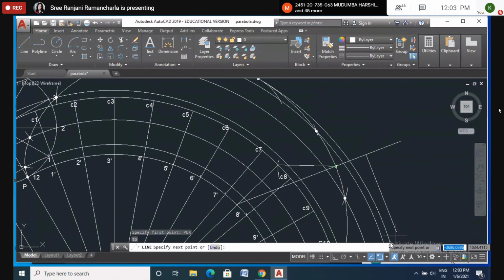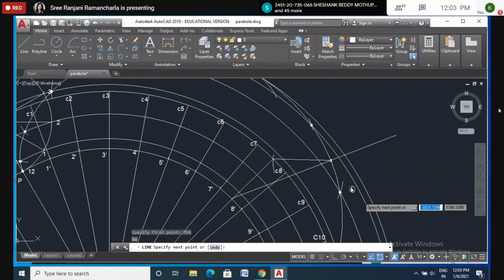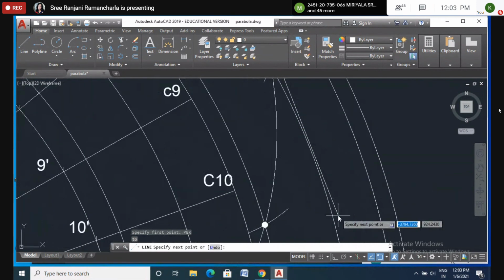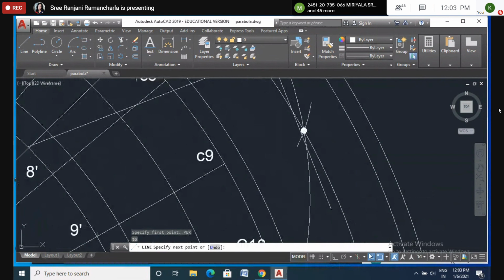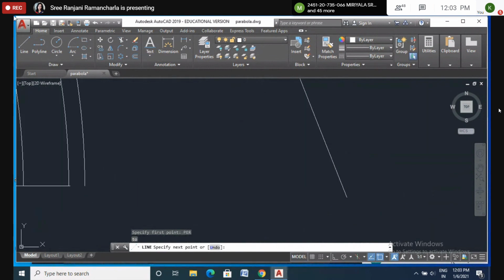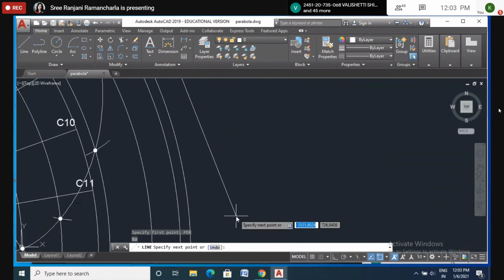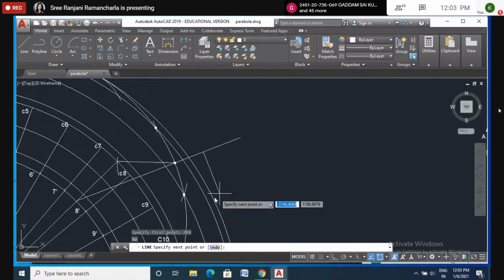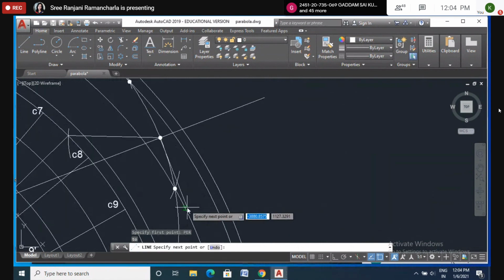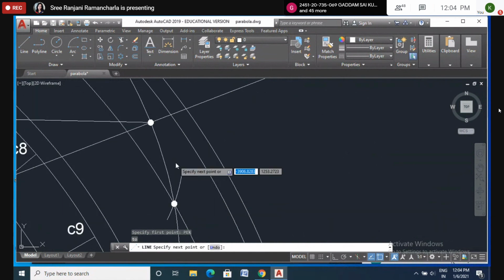See, perpendicular line. And now it's clear.